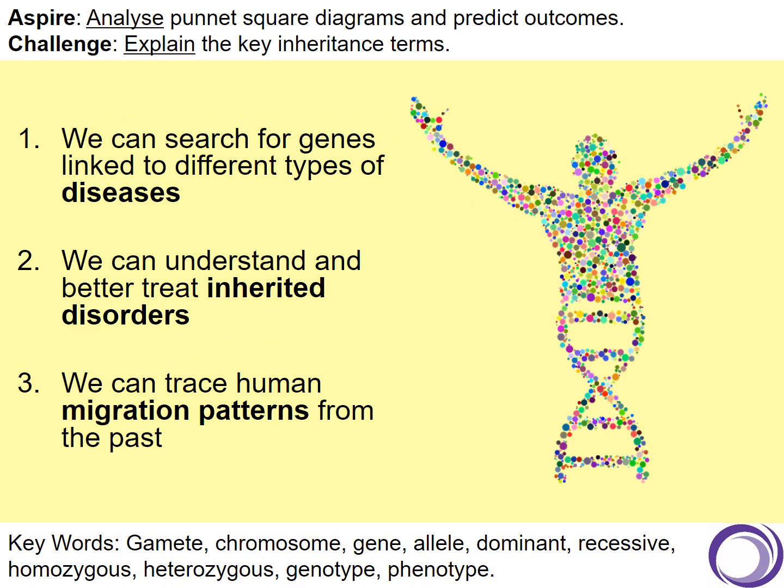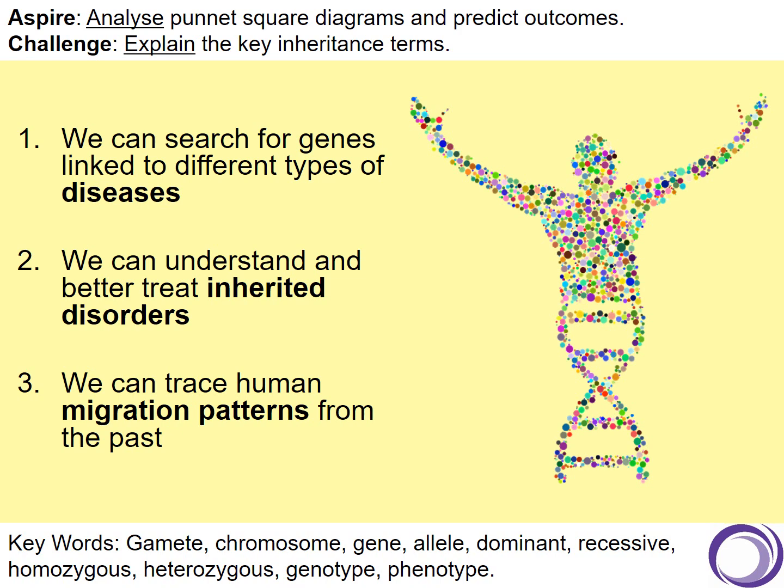Okay, the reasons why the human genome was mapped entirely, and lots of money was spent doing that, and years of research, is because if we know the genes that make up a human body, we can then find links between those particular genes and different types of diseases.